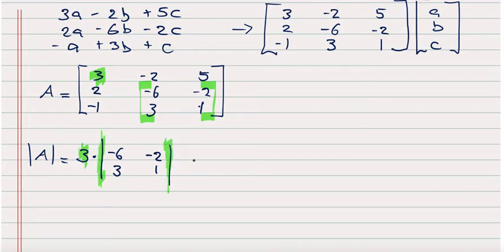Then we can continue on with minus negative 2 times the determinant of 2, negative 1, negative 2, 1, and then plus, or going back I should say, going back, this guy here.